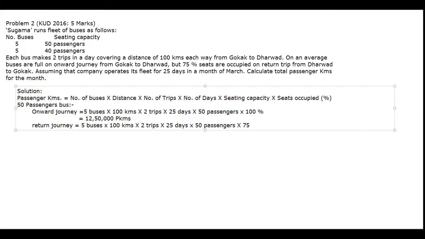So take down 75%. Now when we multiply all this, it comes to 21,87,500 passenger kilometers. So this is regarding the 50 passengers bus.